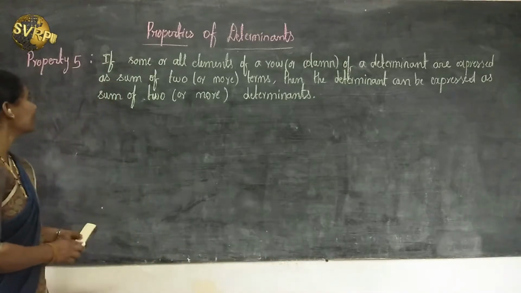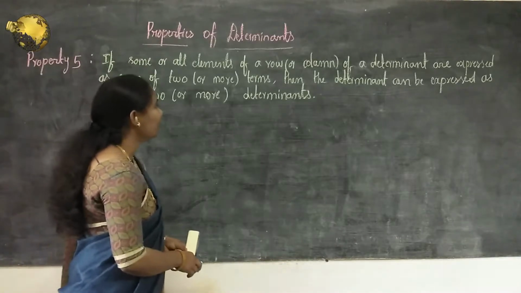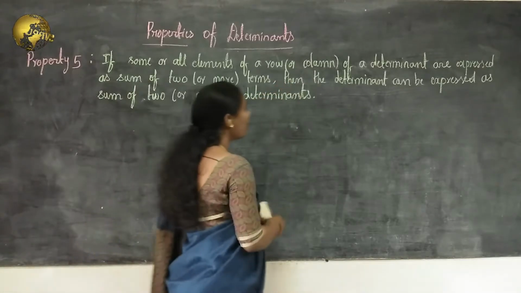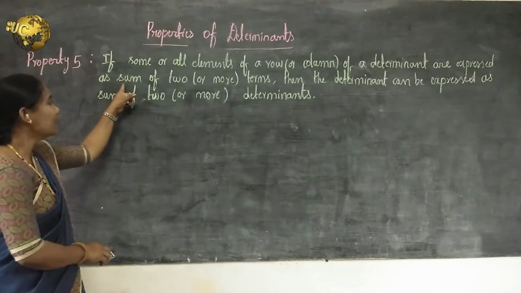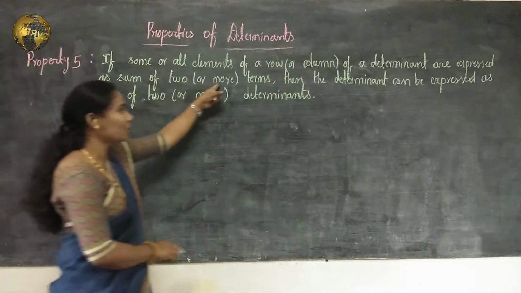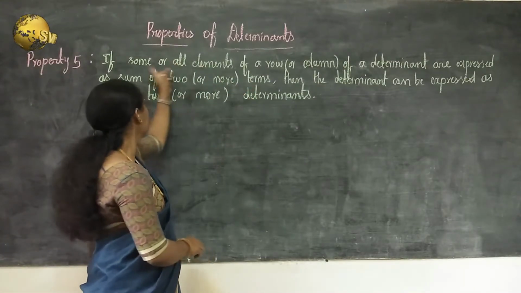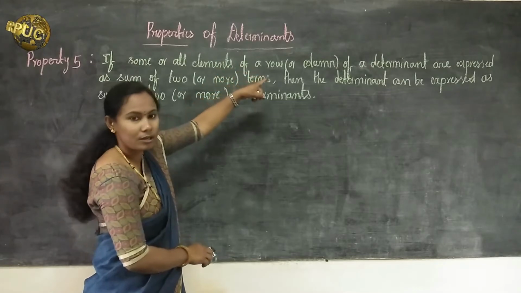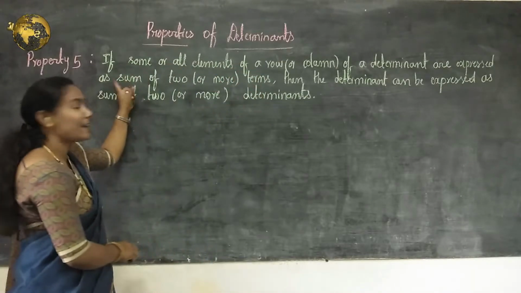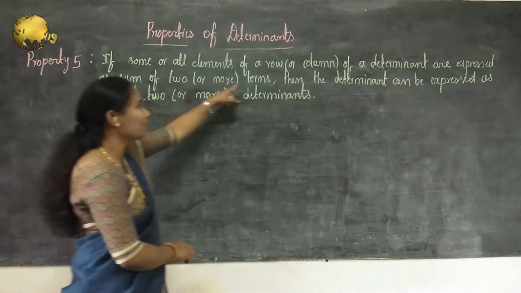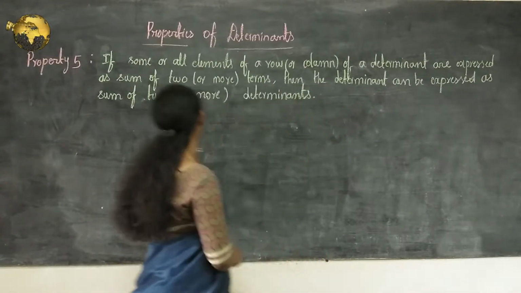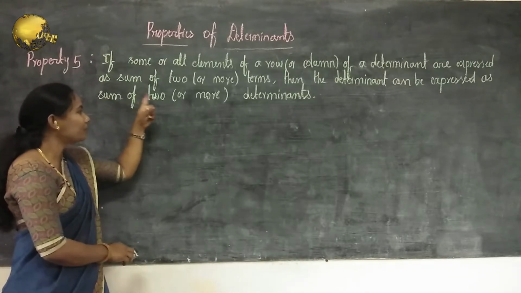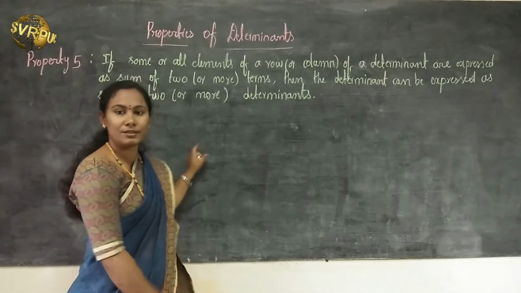It says that if some or all elements of a row or column of a determinant are expressed as the sum of 2 or more terms, that means if any row or column can be expressed as a sum of 2 or more terms, then the determinant can be expressed as the sum of 2 or more determinants.